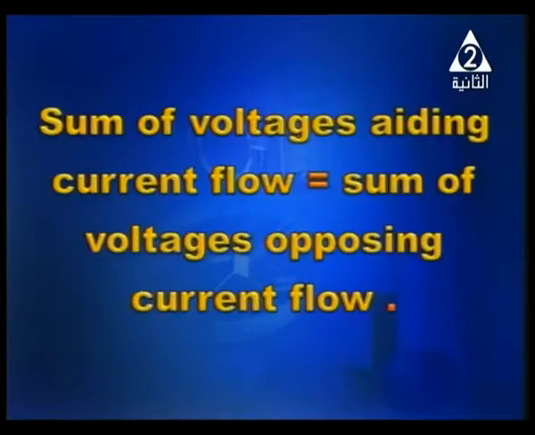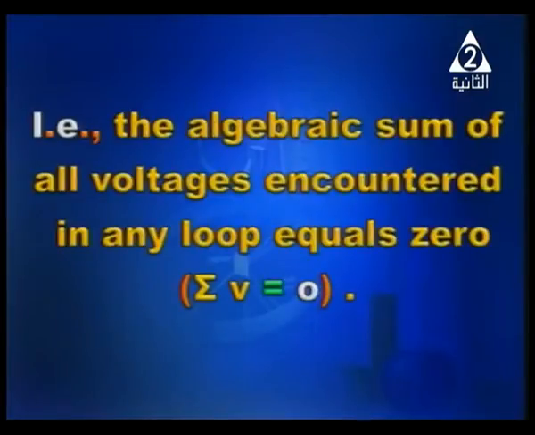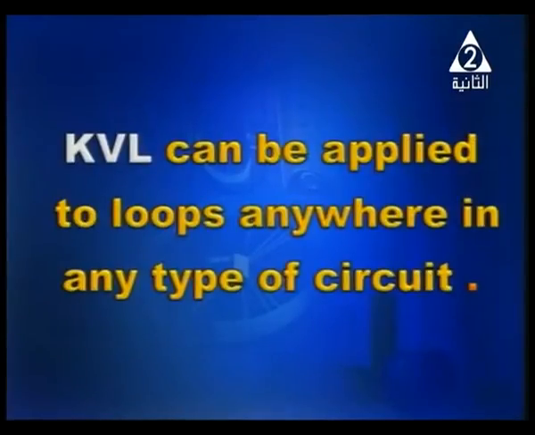So we can say the sum of voltages aiding current flow is equal to the sum of the voltages opposing current flow. That's to say, the algebraic sum of all voltages encountered in any loop equals 0. This was about Kirchhoff's voltage law, which can be applied to any loop, anywhere, in any type of circuit.